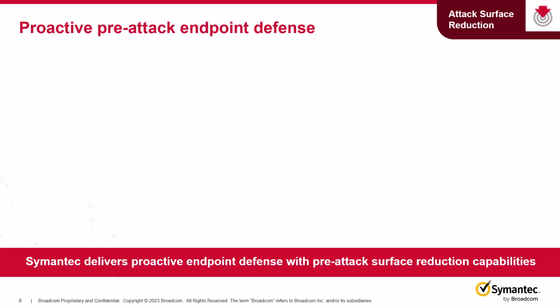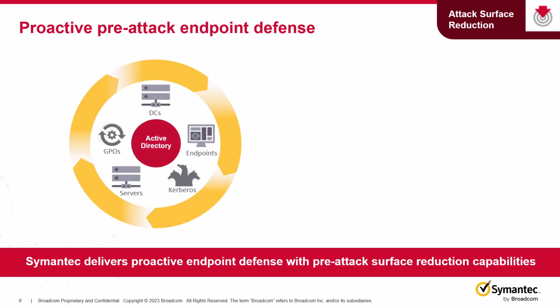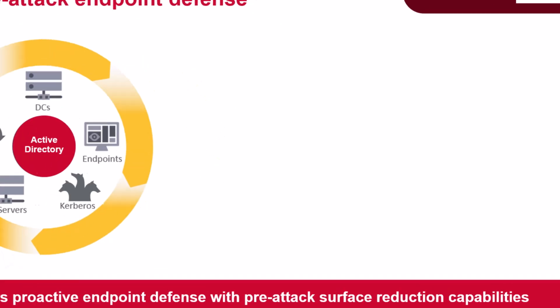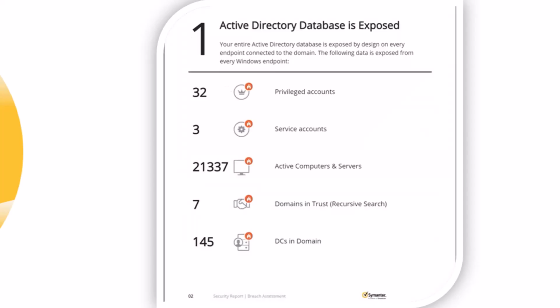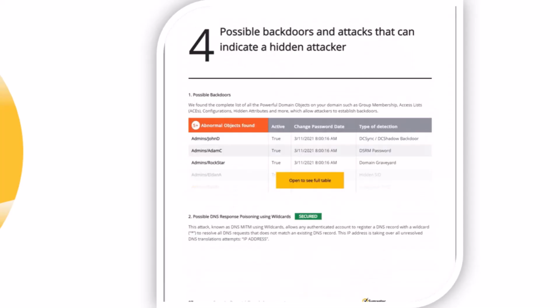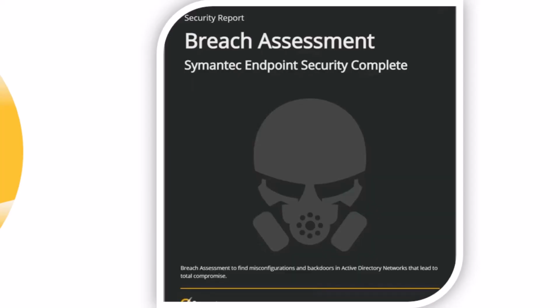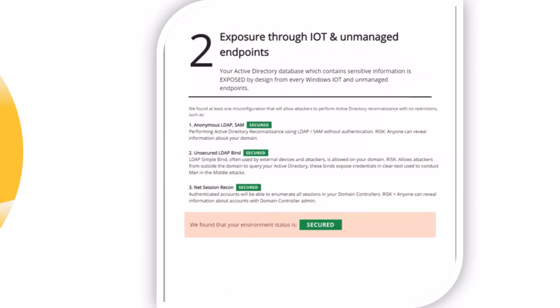It provides breach assessment that probes Active Directory for domain misconfigurations, vulnerabilities, and persistence using attack simulations to identify risks and allow for immediate mitigation and remediation recommendations. The breach assessment tool provides a report that includes identified misconfigurations and backdoors with prescriptive recommendations for remediation.